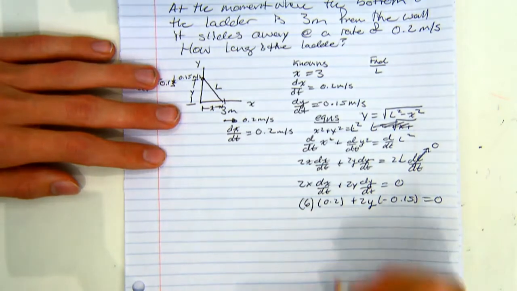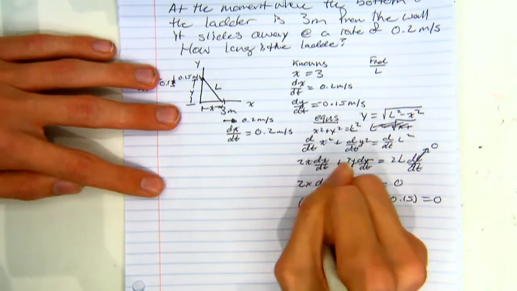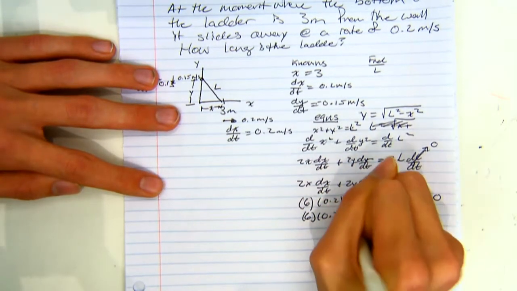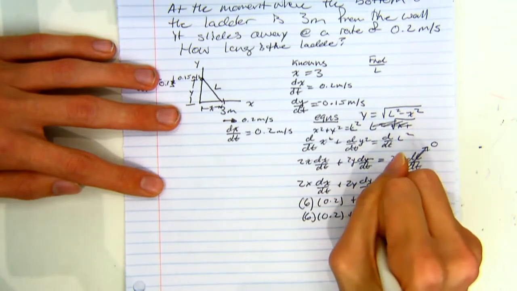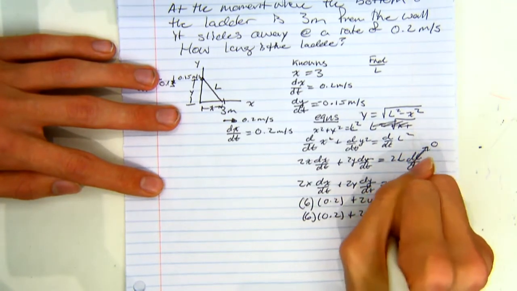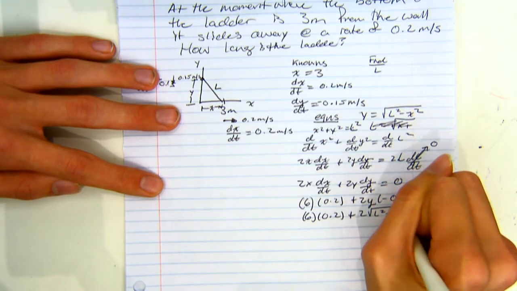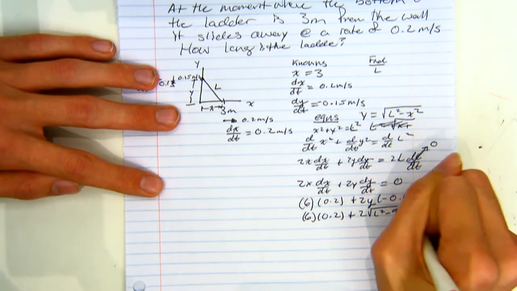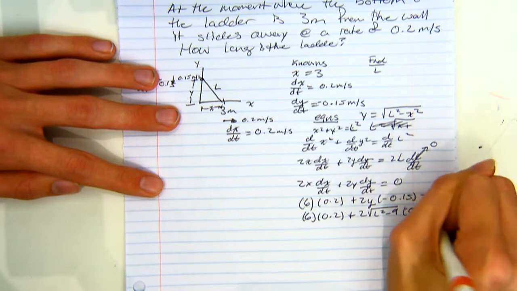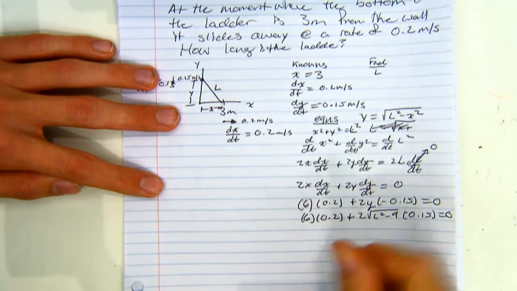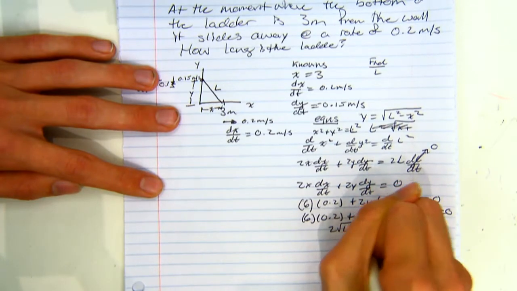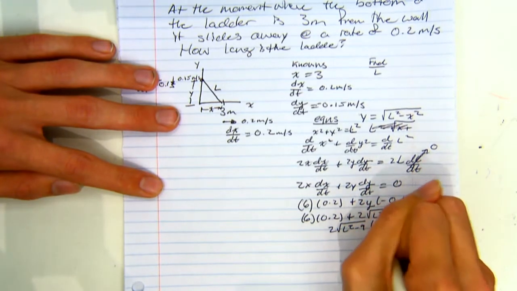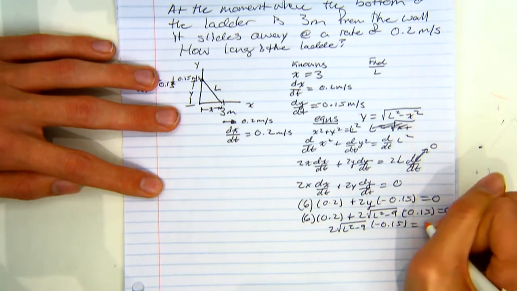I'm just doing it this way because this is all in decimals, and I don't feel like pulling out a calculator. And our x is equal to 3. So then we move this over.